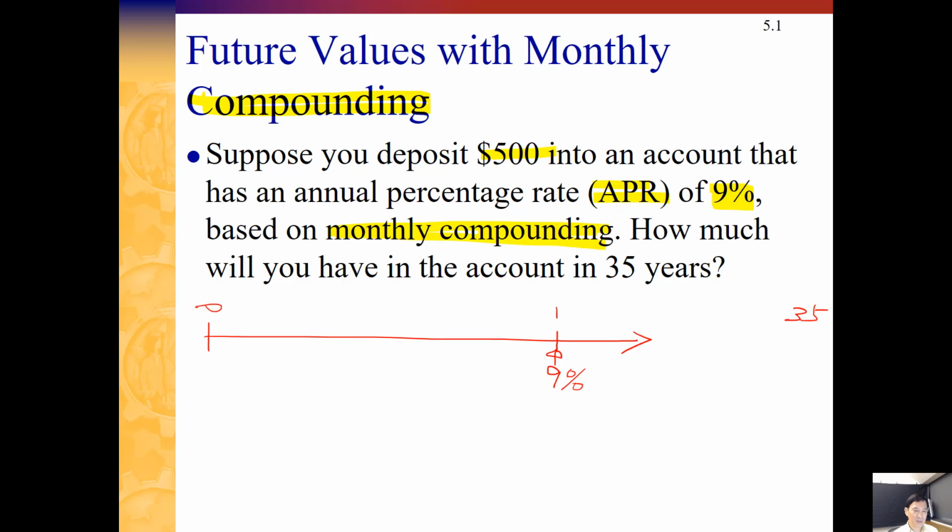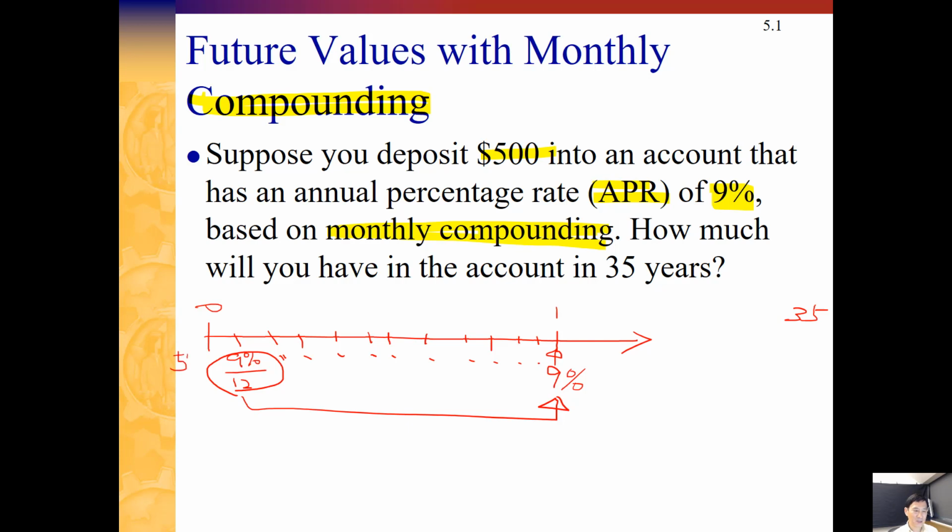But monthly compounding means you divide this into 12 time periods and you pay 9% divided by 12 every month. So there will be 12 times interest payment, and the overall return will be different. It will be actually greater than 9%.